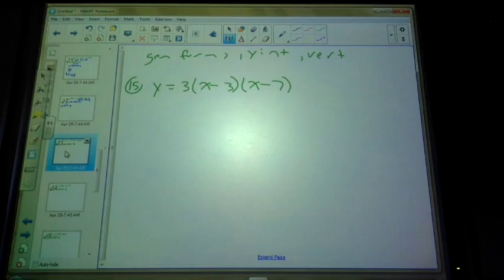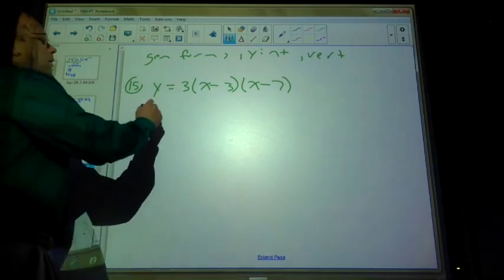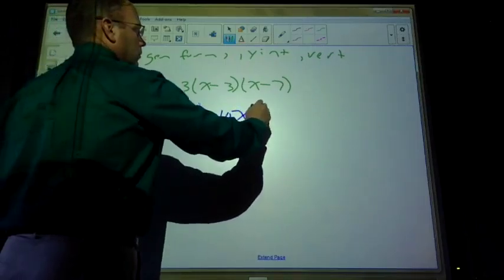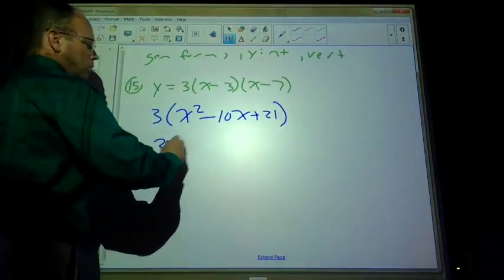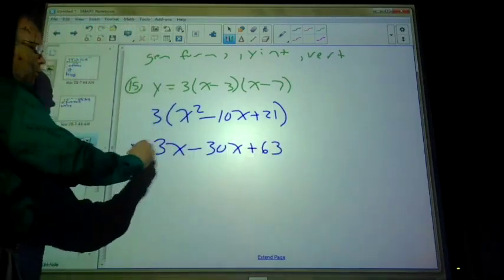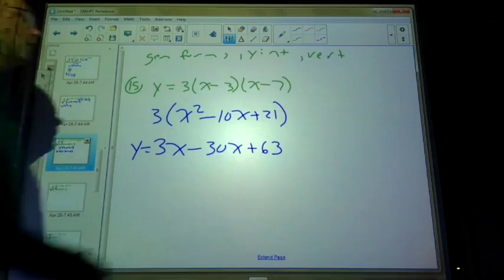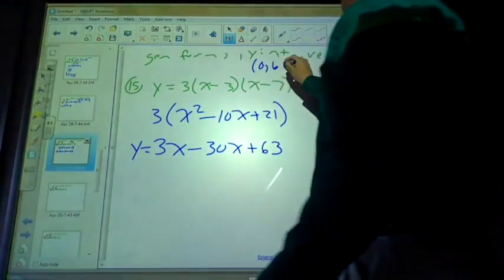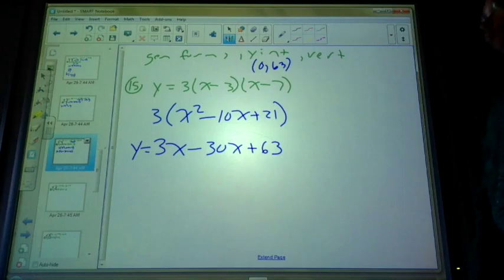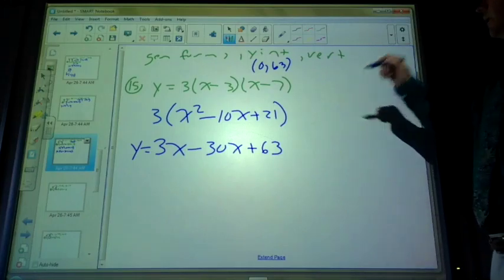Does anyone need me to go over 15? 3, 2. I do. There's your general form. Y-intercept is 0, 3. The vertex, oh shoot.